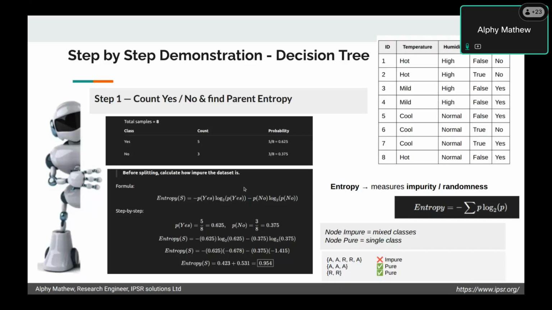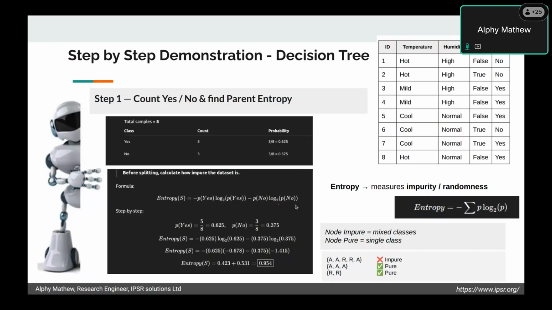Then we need to find the entropy. The formula for entropy is: negative of probability of yes, the class label yes, into log to the base 2 of probability of yes, minus probability of no into log to the base 2 of probability of no. It is purely mathematics, probability and log calculations.